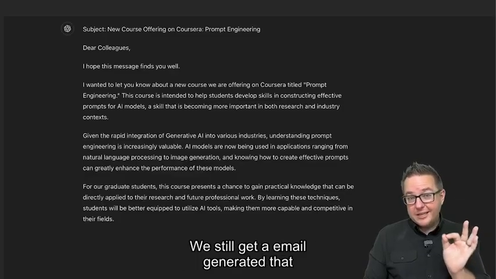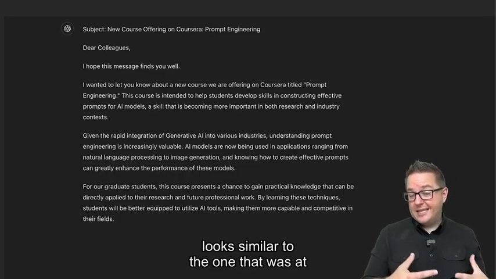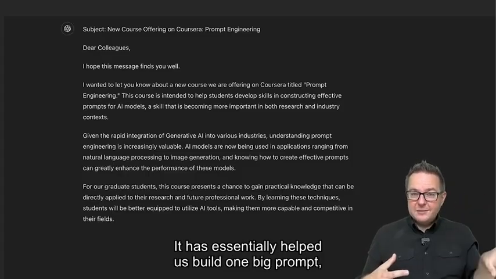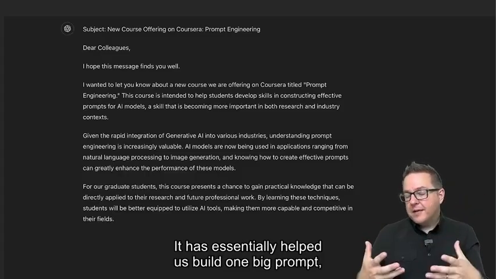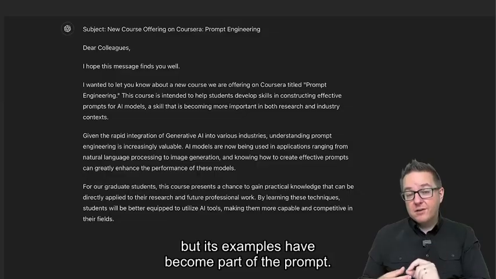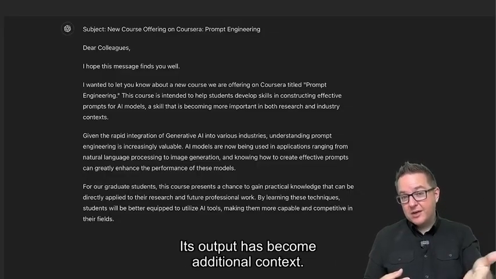We still get an email generated that looks similar to the one that was at the end and is capturing a lot of those aspects. So it has essentially helped us build one big prompt, but its examples have become part of the prompt. Its output has become part of the prompt. Its output has become additional context.